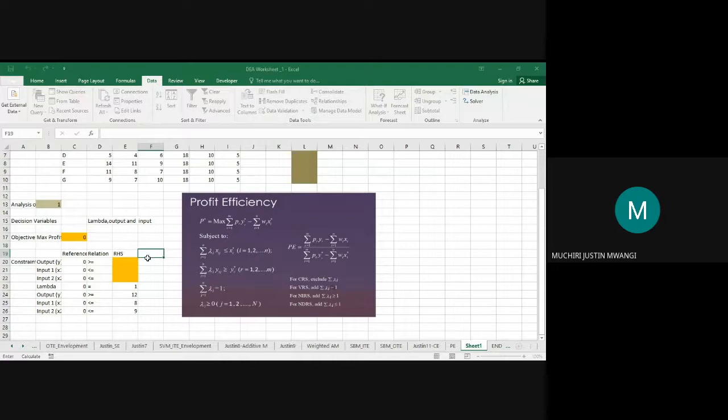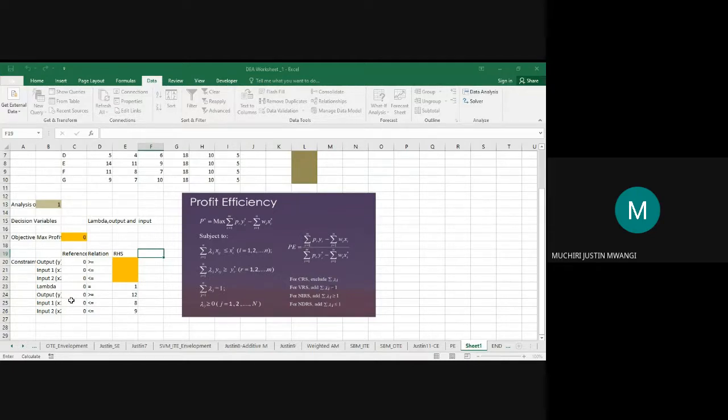Then we add, we pick the two, which we're saying should be less or equal to the other two. Then we add this one, equal to this one. Then we add this one, greater or equal to this one. Ensure they are five.